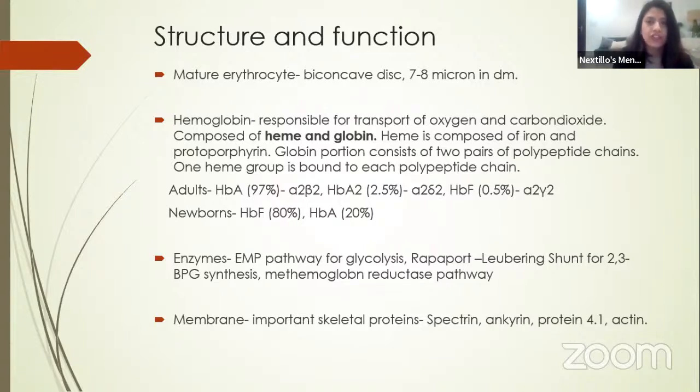The 4 polypeptide chains over here are 2 of alpha and 2 of delta. Then hemoglobin F, which is fetal hemoglobin, but you can still find it in adults in a very minute amount, about 0.5%. The composition is alpha 2 gamma 2.